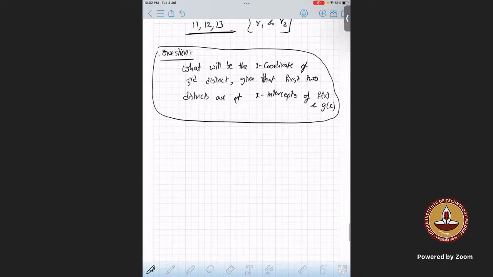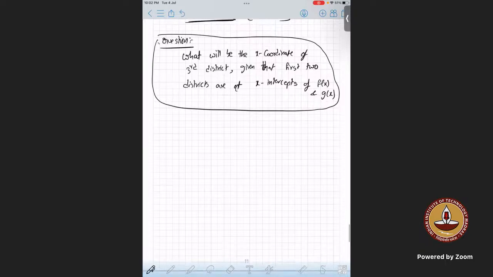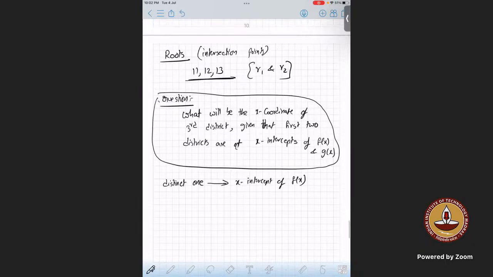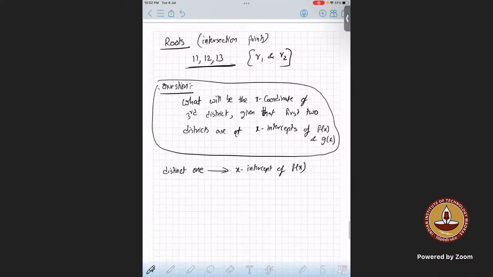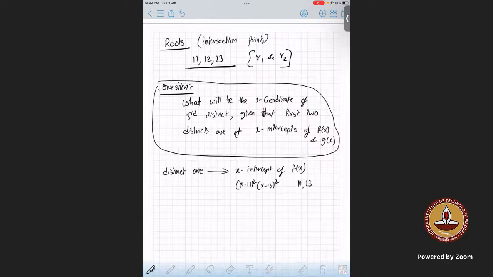Look, district 1. What is the x intercept of f of x, minus (x minus 11) whole square, (x minus 13) whole square? What are the x intercepts? 11 comma 13. Agree?